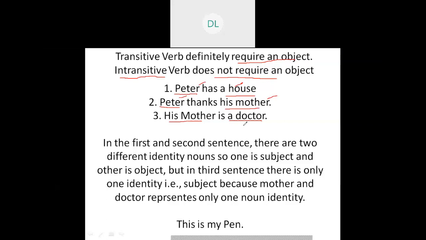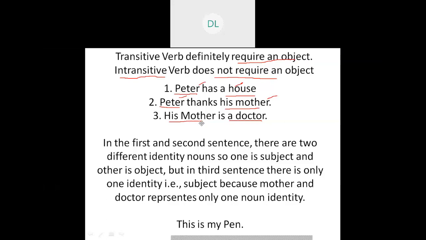But do they have a subject and object in the sentence? The majority of students will tell me mother is subject and doctor is object. But unfortunately, sorry, the answer is mother is subject and doctor is also the subject. There is no object in the sentence.